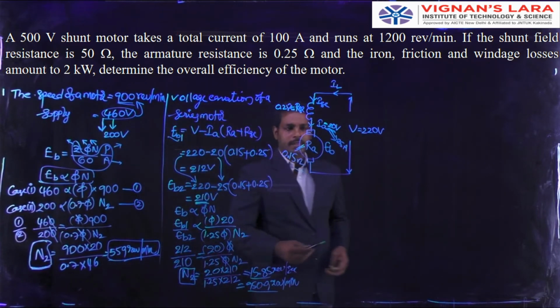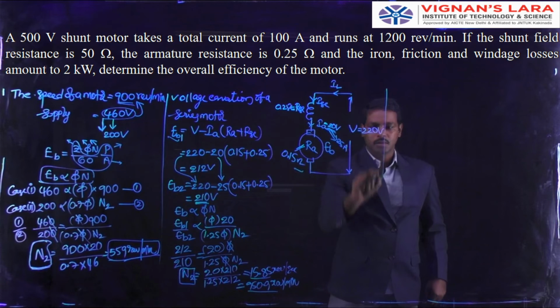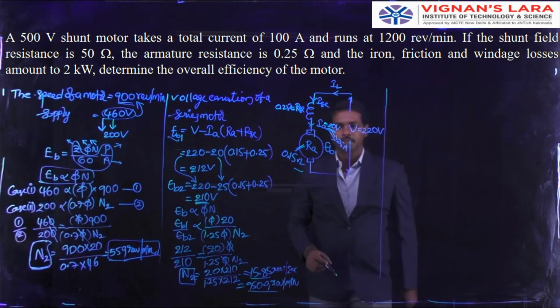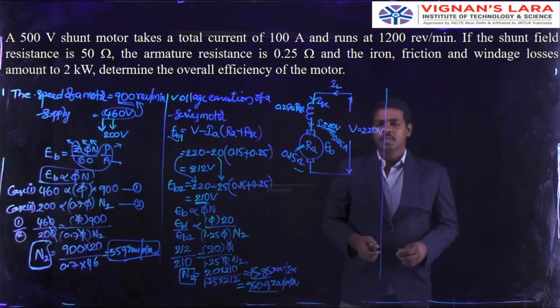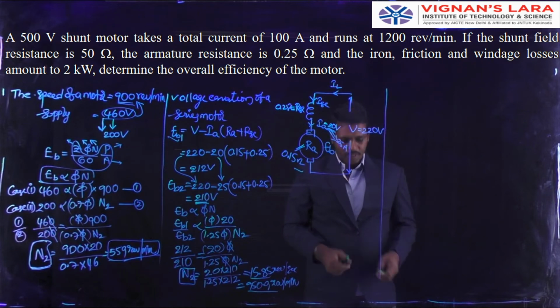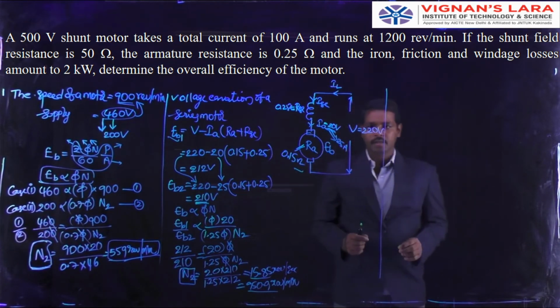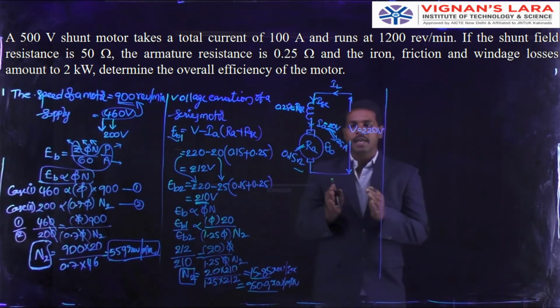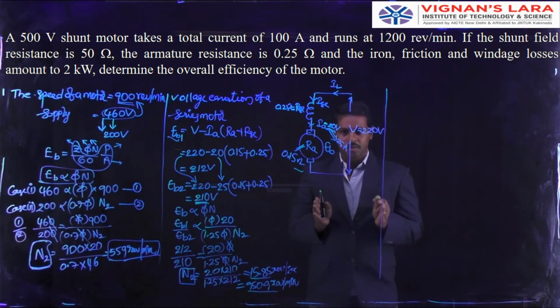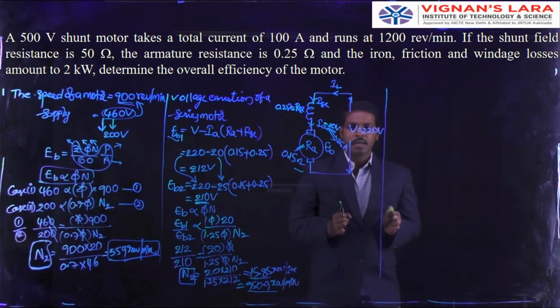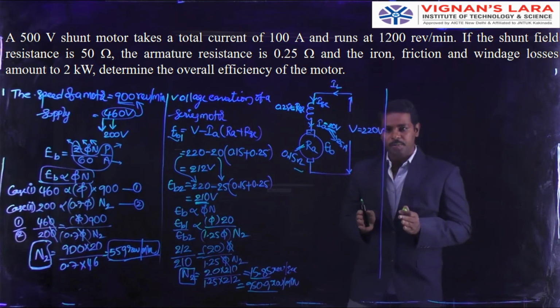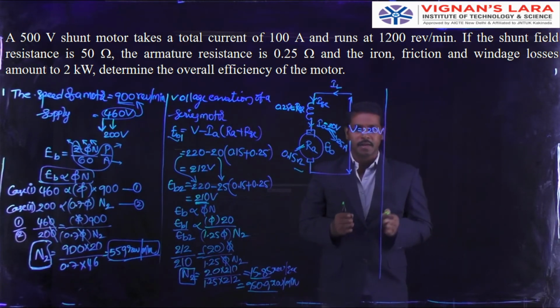So the third one is: a 500 volts shunt motor takes a load current of 100 amperes. First of all, a 500 volts shunt motor with a total current of 100 amperes runs at 1200 revolutions per minute.